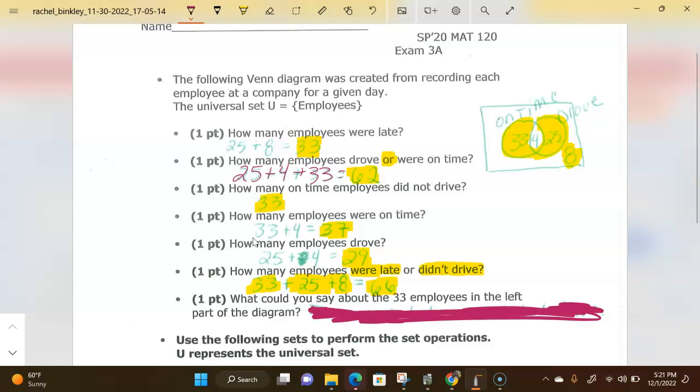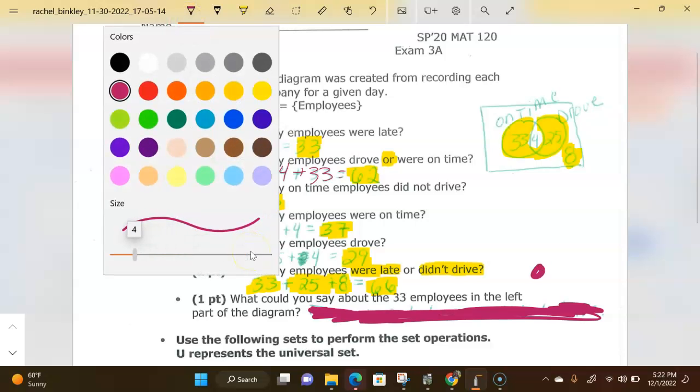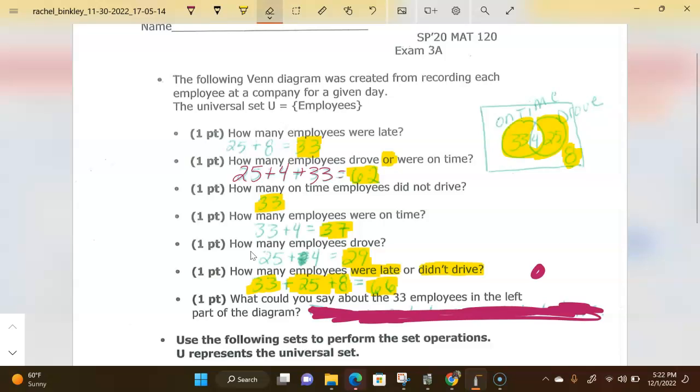So those employees, the 33, were on time but didn't drive. On time but didn't drive.